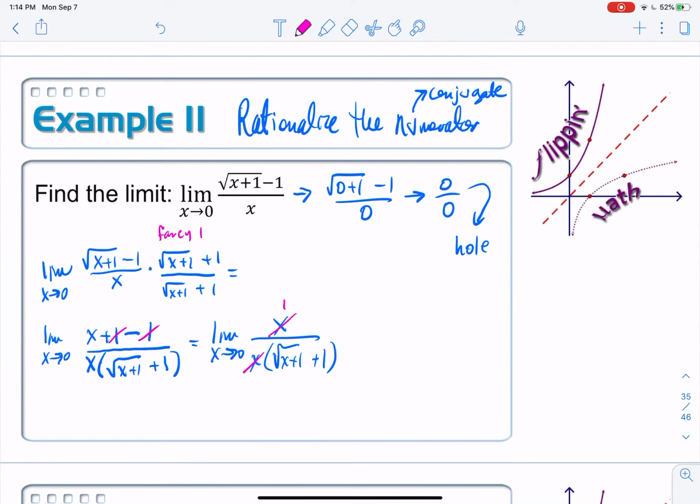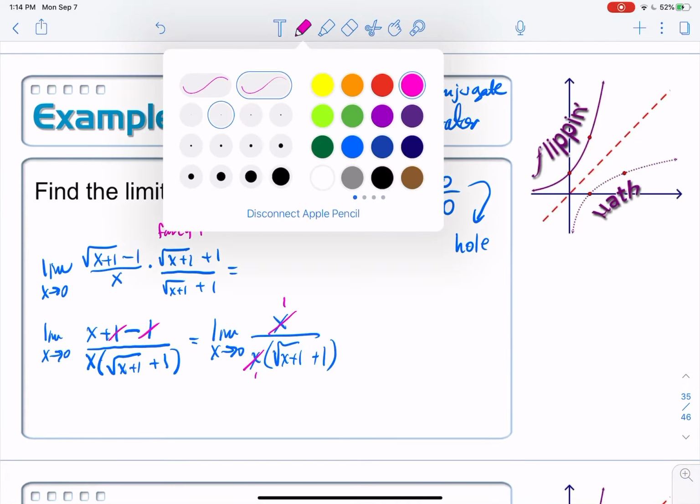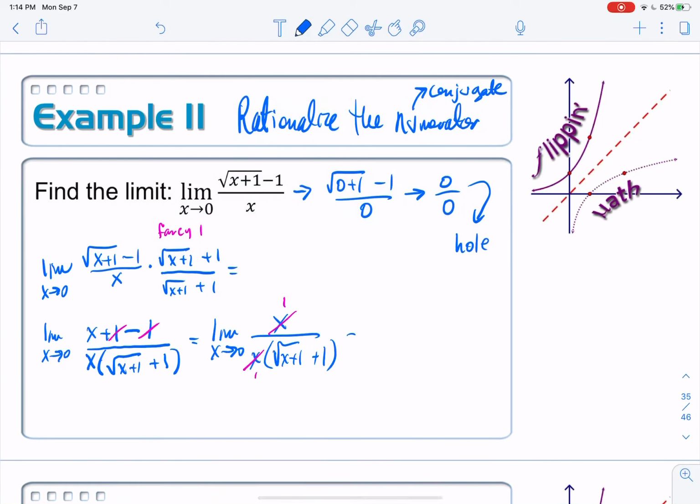That leaves a 1 up top. There's also a 1 on the bottom. We usually don't write it. And we have the limit as x approaches 0 of 1 over the square root of x plus 1 plus 1.